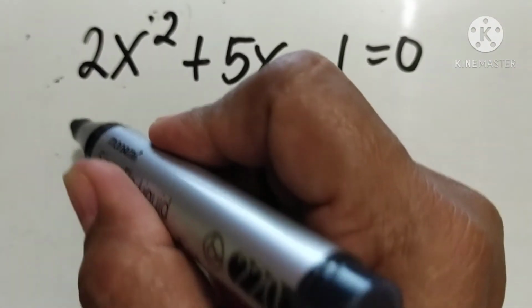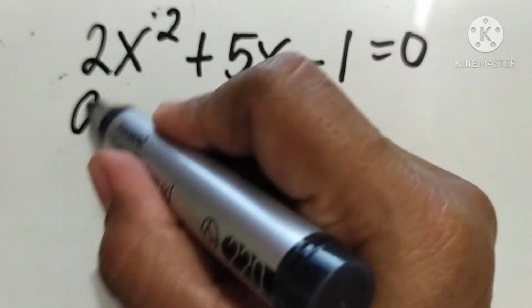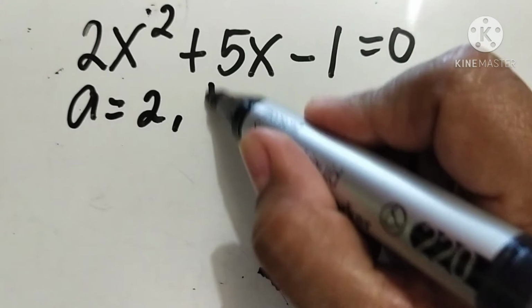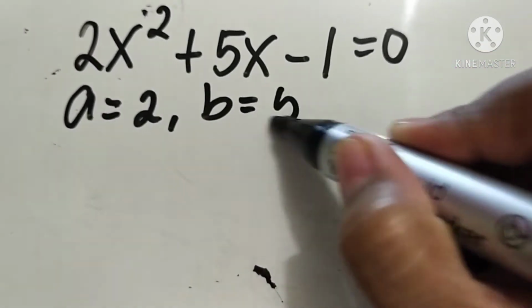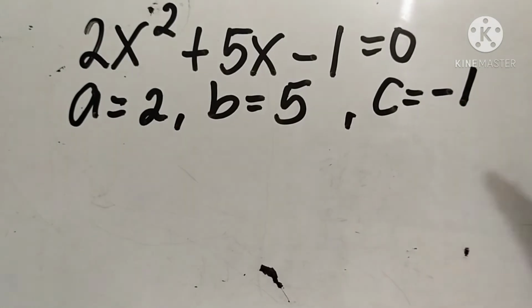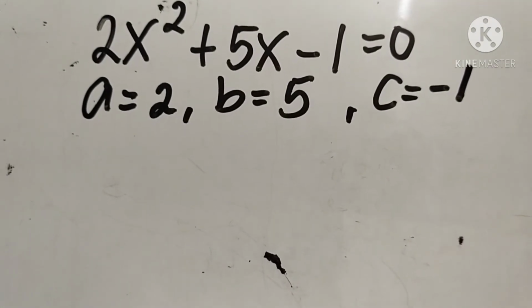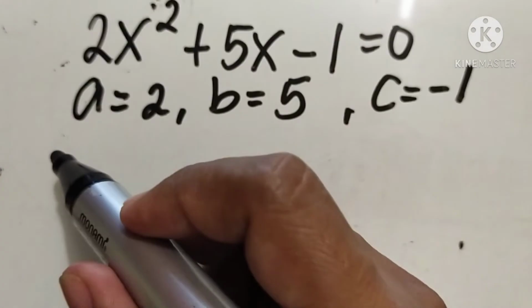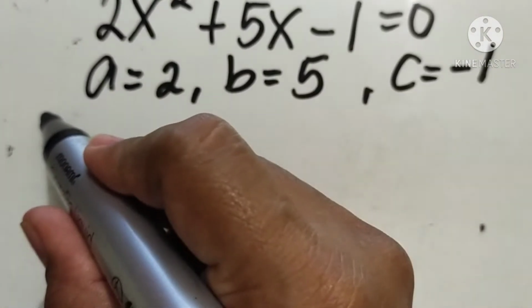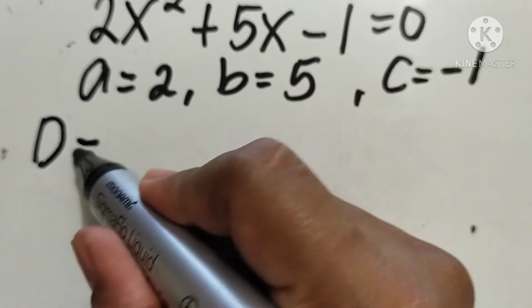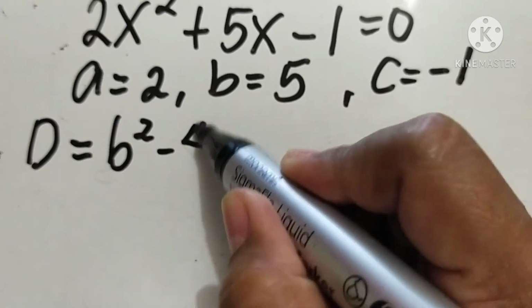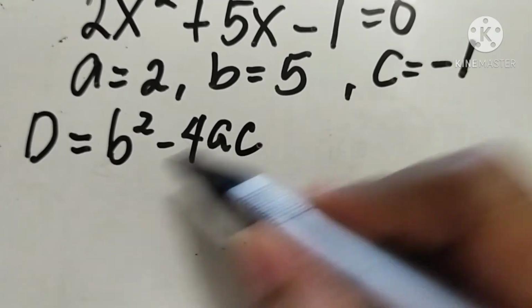Okay, find first the values of a, b, and c. So your a is positive 2, your b is 5, and your c is negative 1. So we're solving for the discriminant and finding the nature of the roots. So next, our formula is D equals b squared minus 4ac.